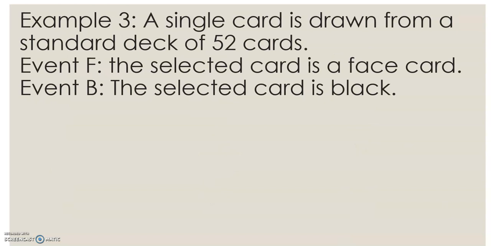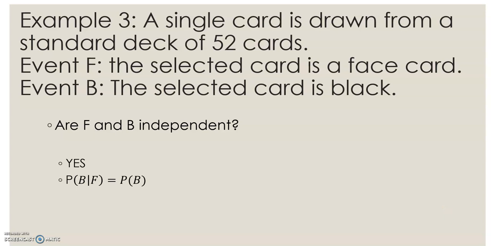Still same information about example 3. The question is, are F and B independent? That answer is yes, because the probability of B given F equals the probability of B, and the probability of F given B equals the probability of F.